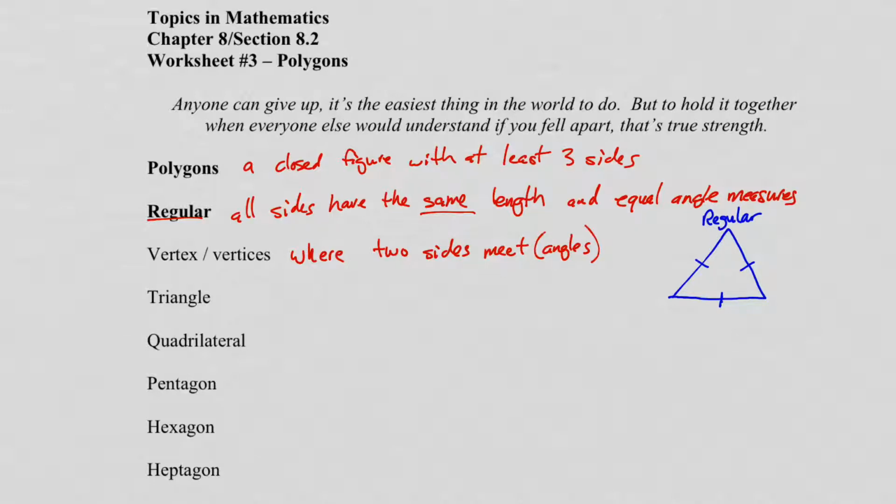Even though they may not look it, the marking suggests that they do in fact have the same length. And this marking means that the angles have the same measure as well. This has a specific name, called equilateral, or equiangular as well. And these are the vertices right here.